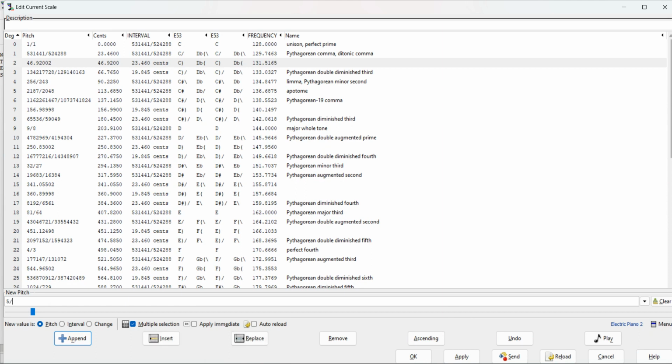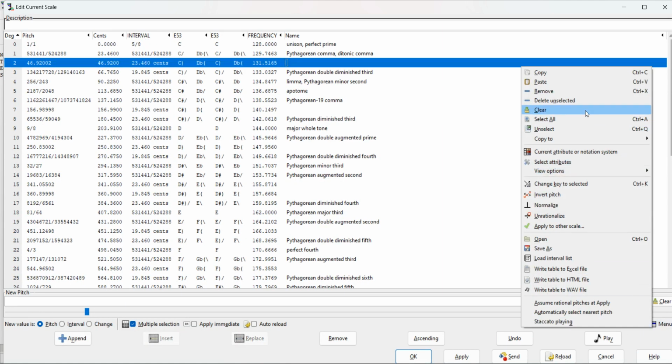Now if you try to add our major third now, it will be very, very close to another one of our intervals, which is the Pythagorean diminished fourth.